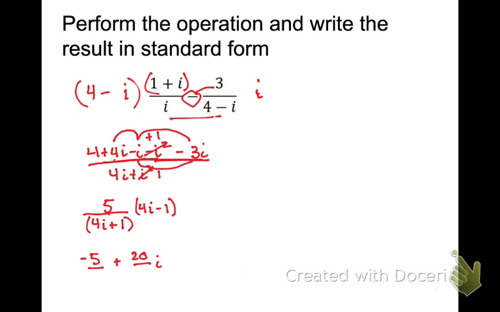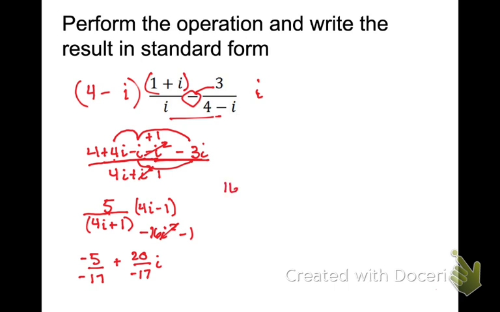In the denominator, you're going to get 16i squared minus 1. So that becomes a negative 16. So your denominator is negative 17. I shouldn't have put my signs in there, huh? How'd you get negative 16?